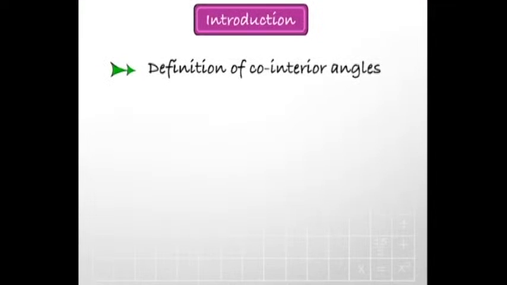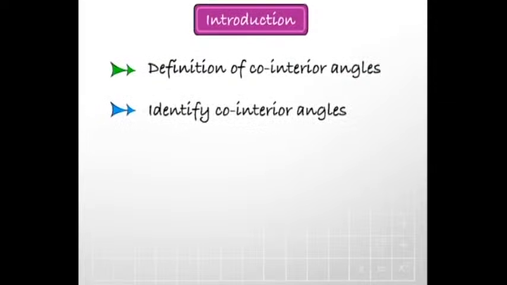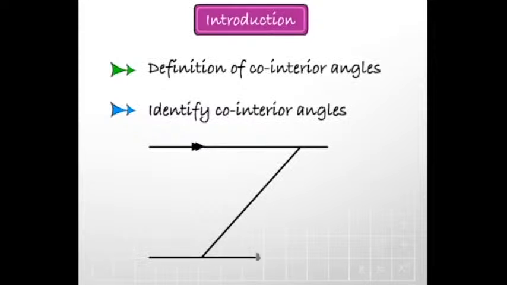In this lesson, you will be introduced to the definition of co-interior angles, and you will be shown how to identify co-interior angles. When a transversal passes through a pair of parallel lines, a variety of angles will be formed.